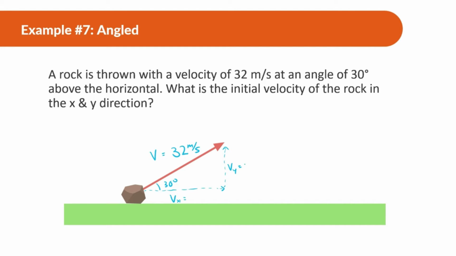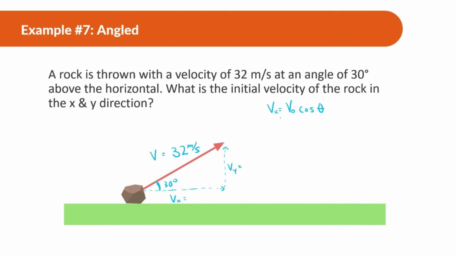We should have learned in vectors how we can do this. We're going to be using SOHCAHTOA, but just an easy trick whenever we have a horizontal angle like this: to find the velocity in the x direction, the formula is the initial velocity times cosine of the angle.